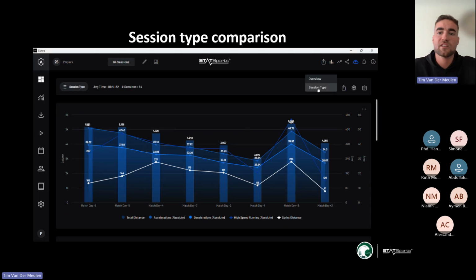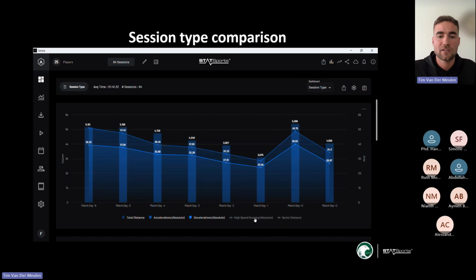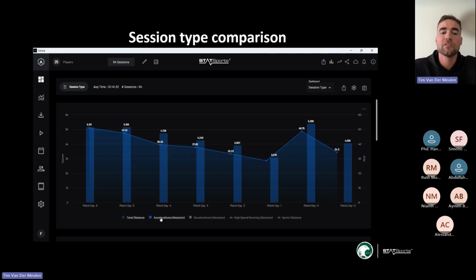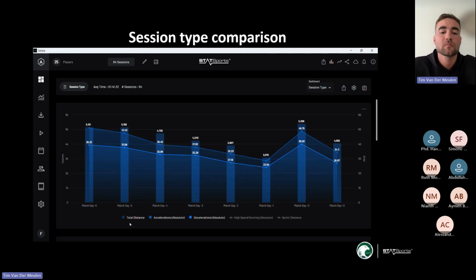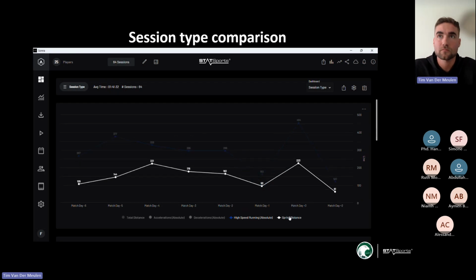When selecting that session type dashboard in here, you're able to quickly analyze based on the different metrics. So analyzing only total distance, for example, and really reflect and look back on the specific goals that you had for each day. But also being aware this is a squad average, so this is for your total team.